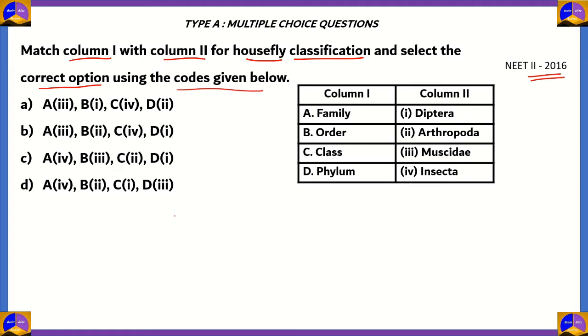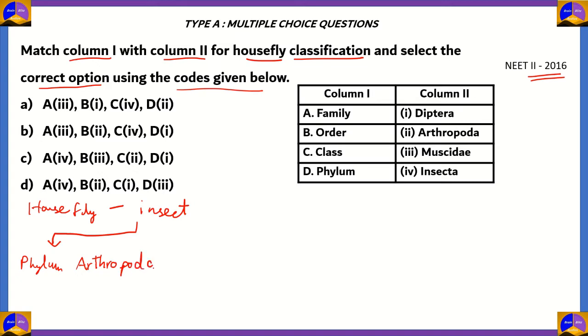Now, we're dealing with houseflies, and we know that housefly is an example of an insect, and we also know that organisms such as insects are present in phylum Arthropoda, because this phylum is the largest, containing the most species in the animal kingdom, and it contains insects and other related species such as spiders.